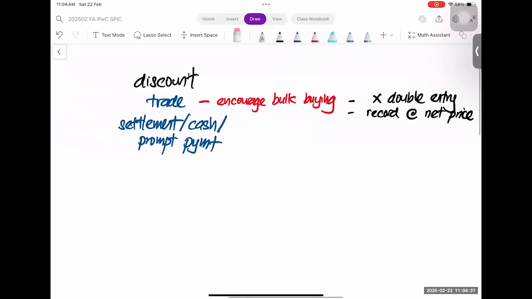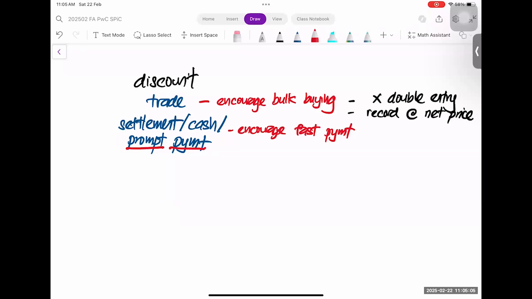What about settlement discount? What is the purpose of this? Or cash discount or prompt payment? Like the name suggests, prompt payment is to encourage fast payment. So how do people normally do things in business? When you buy or sell things, people don't pay immediately.